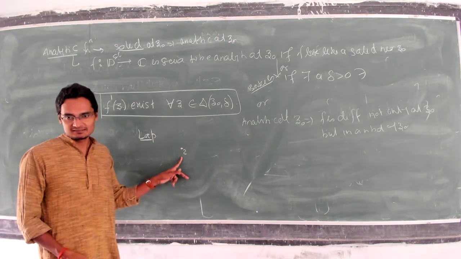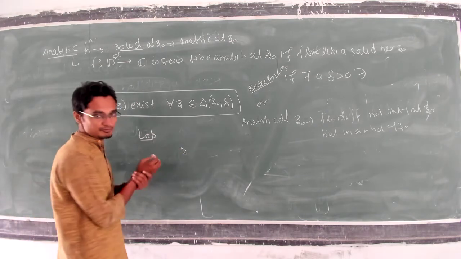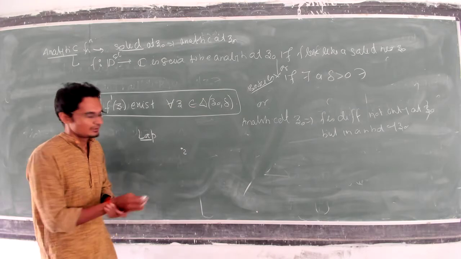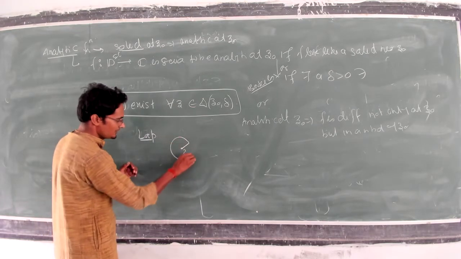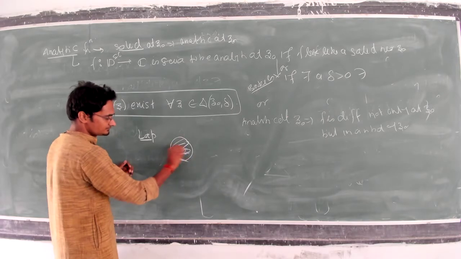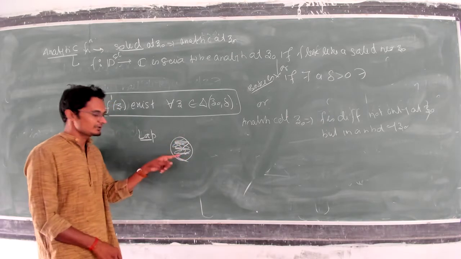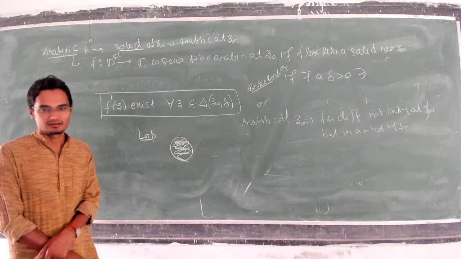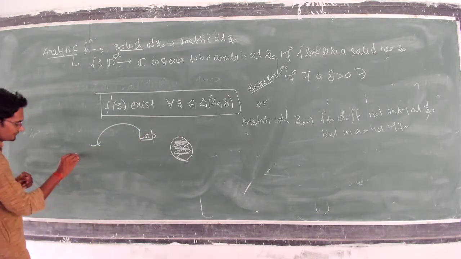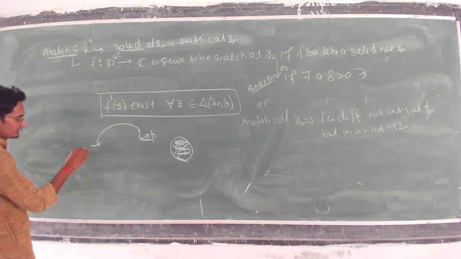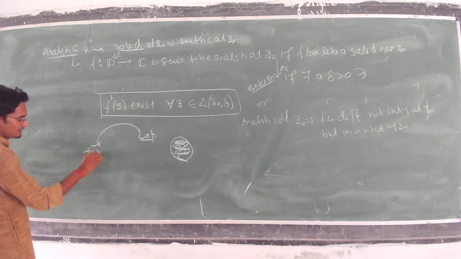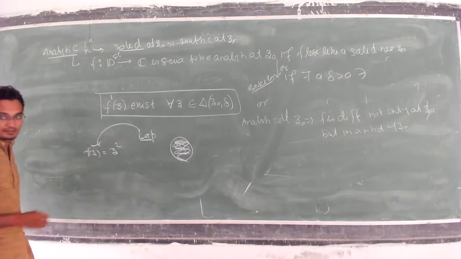So I will see whether it is in the form of a solid or not. What you have to do is make a solid around this point. This is the procedure. If it is in the form of a solid, then that's done. The bookish definition says, suppose you have to check something, for example f(z) equals z square.